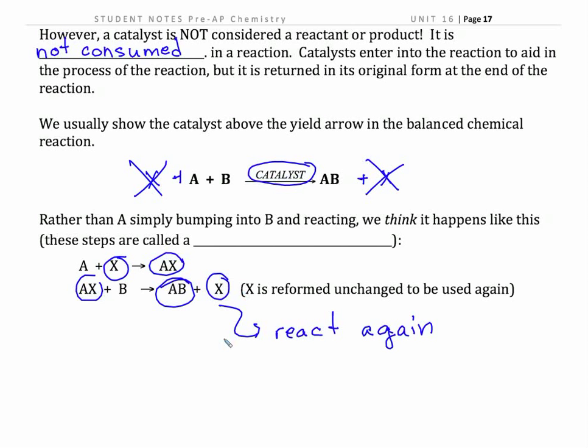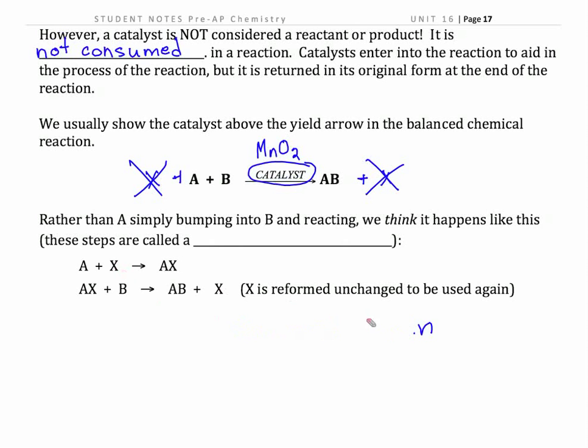So instead we put the catalyst above the arrow. For example, MnO2 is a common catalyst, so we would write MnO2 above the arrow. Now, these steps down here, just to introduce some terminology that we'll see again in AP, when we have the steps of an overall reaction, I'm going to add those up here. If a substance shows up on both sides of the arrows, it cancels.